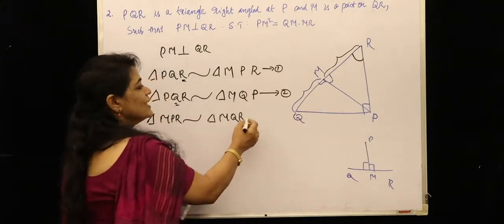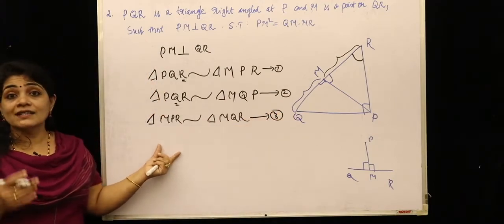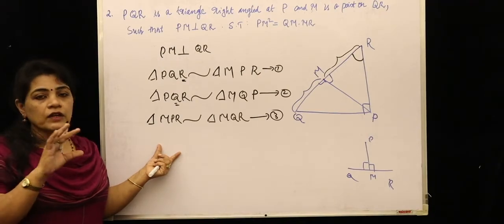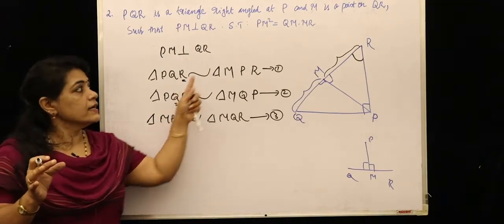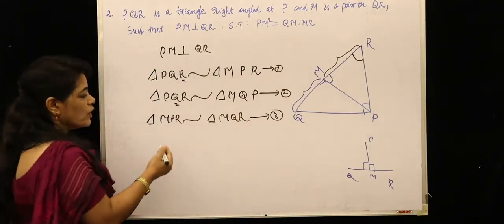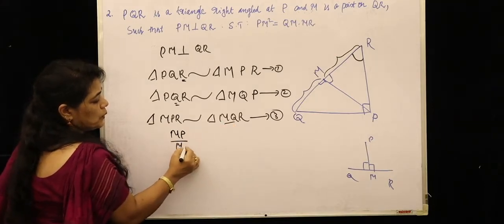So I am going to take this third relation. Next I am going to write this in terms of ratios of similar triangles, because here we don't want it in terms of angles. Here the answer is in terms of sides. So I am considering MP by MQ.